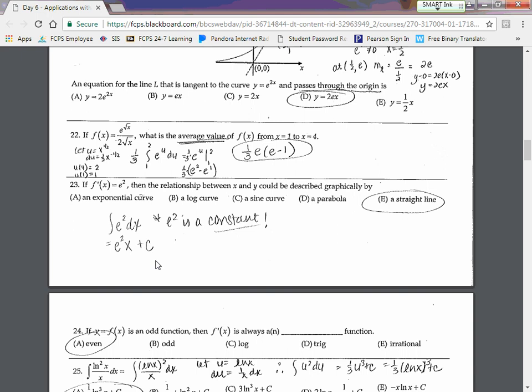All right, so with 22, again, it asks for the average value, and they want the average value of this function, so we're integrating that function. We are integrating this function, and we're going from 1 to 4. So again, we go from 1 to 4.